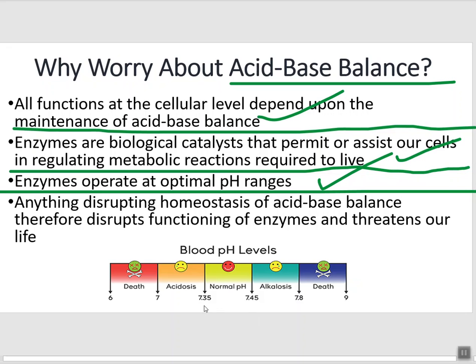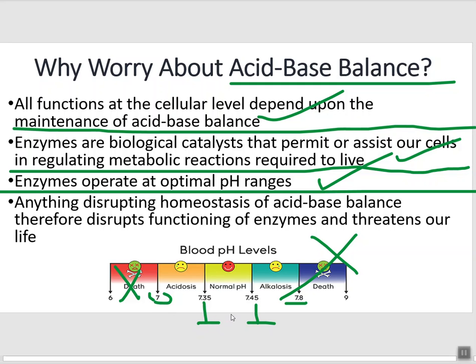Okay, here's our thing. 7.35 to 7.45. That's where we like to be. If this goes down from 7.35 to 7, you are dead. If this goes up 0.35 from 7.45 to 7.8, you are dead.